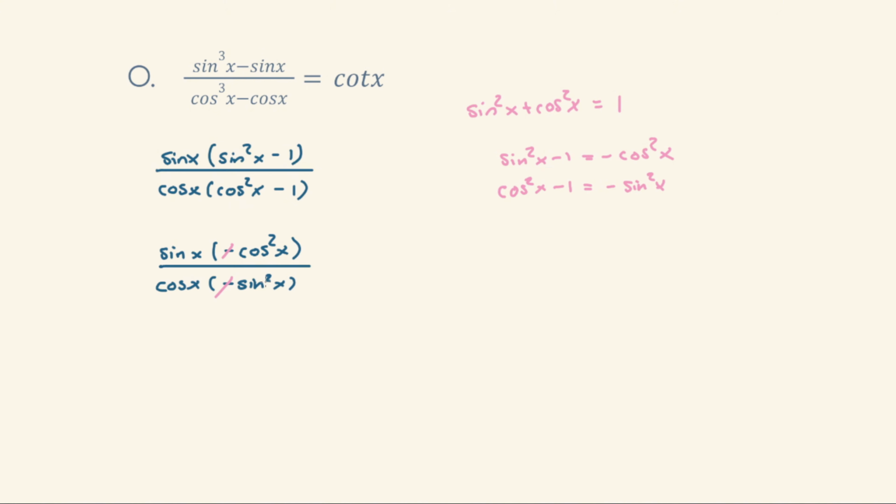I have sine squared x in the denominator. So I can cancel out this sine x with one of those two sines that are being multiplied together. And I can cancel out this cos with one of these two coses that are being multiplied together. So that's going to leave me with cos x over sine x. And what is cos x over sine x? That's just cotangent x, okay?